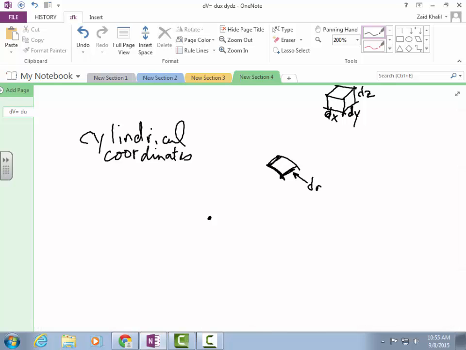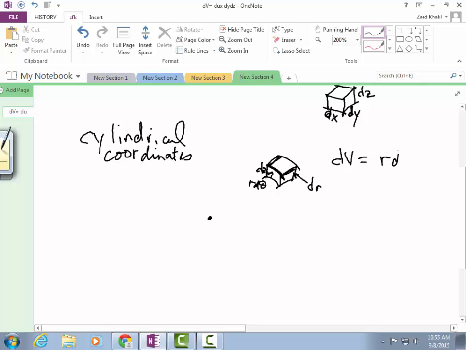What's this length? r d theta. Then what's missing? dz. That's right, so I give it a height. And there you go. Cylindrical coordinates is very easy. This is dz. So dV is equal to r dr d theta dz. That's nice and easy.